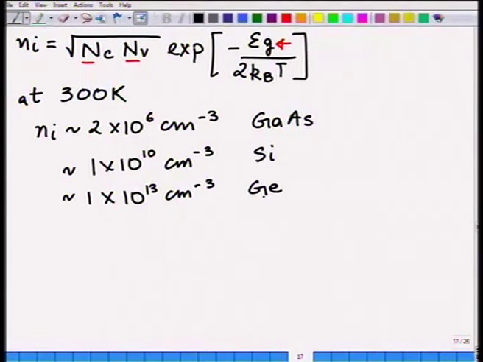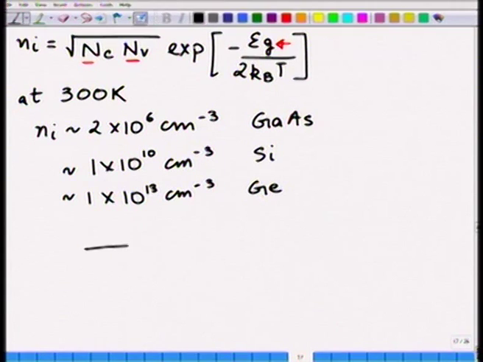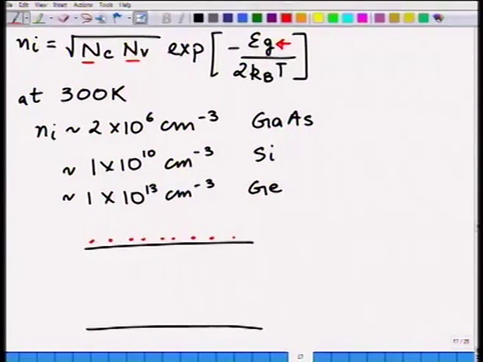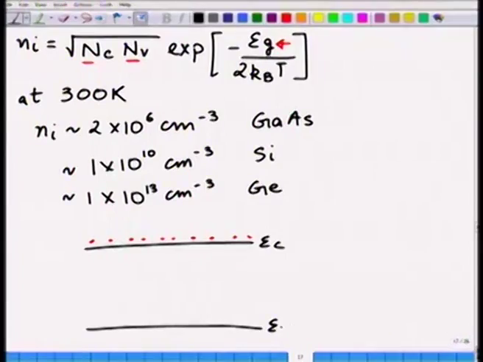What do you see? These are the values for Ni. That means in the semiconductor, this many electrons per unit volume will be present in the conduction band, and this many holes in the valence band.